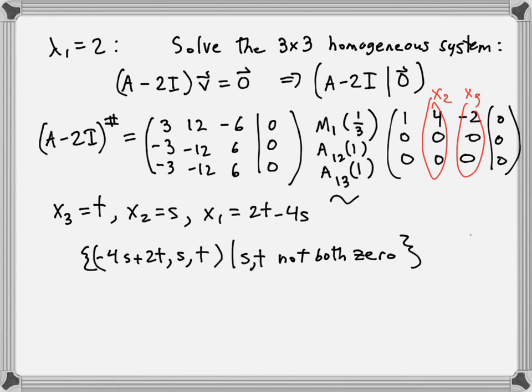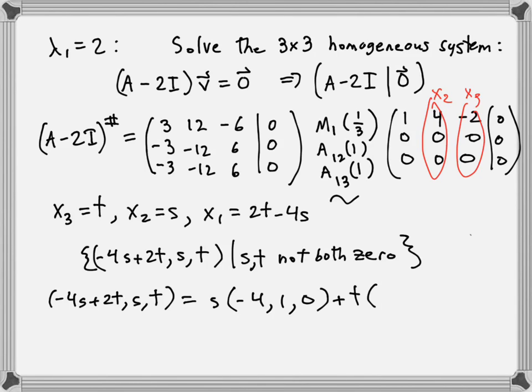We do not want that. Now, how would you actually write this? This looks kind of weird right now, right? But if you notice something here, doesn't this equal s times (-4, 1, 0), plus t times (2, 0, 1)?